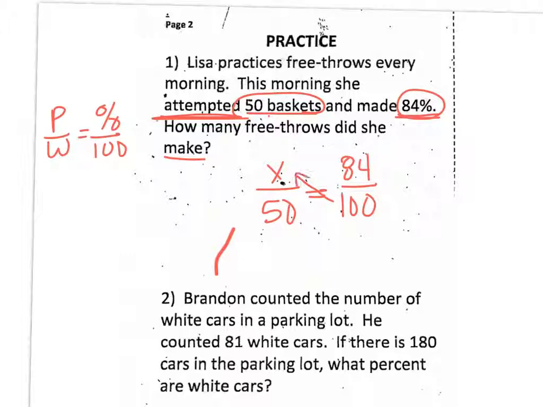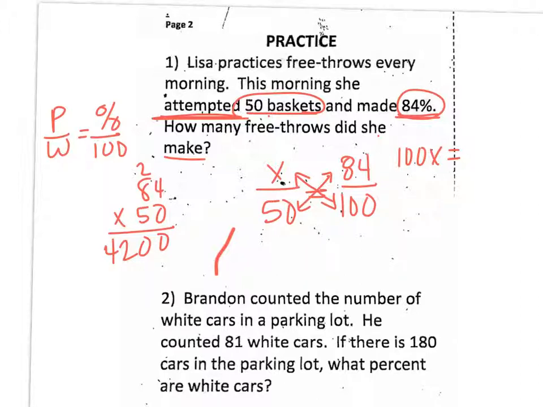We're going to cross multiply. So we're going to get 100x equals, and I'm going to have to come over here and do this. I don't know that one in my head. 84 times 50, and we get 4,200.